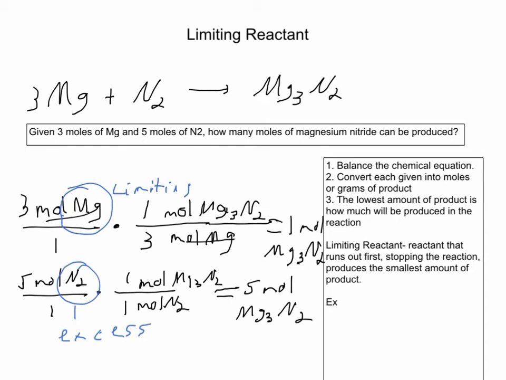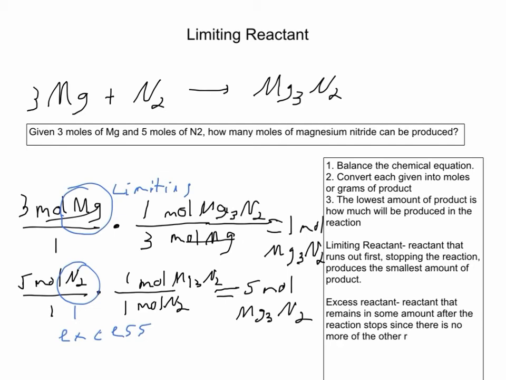The excess reactant is the reactant that remains in some amount after the reaction stops, since there is no more of the other reactant to react with it.